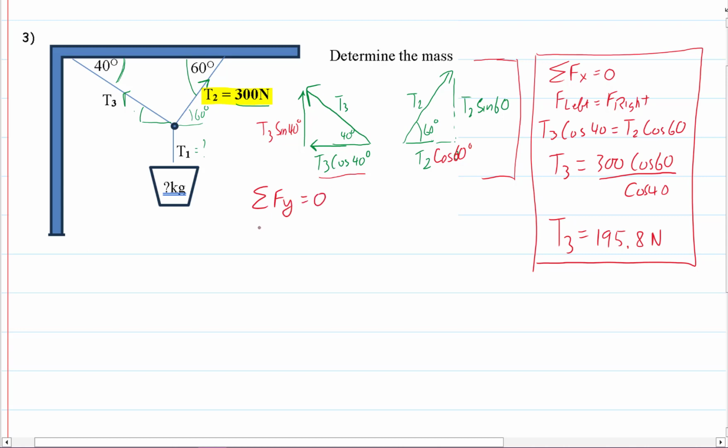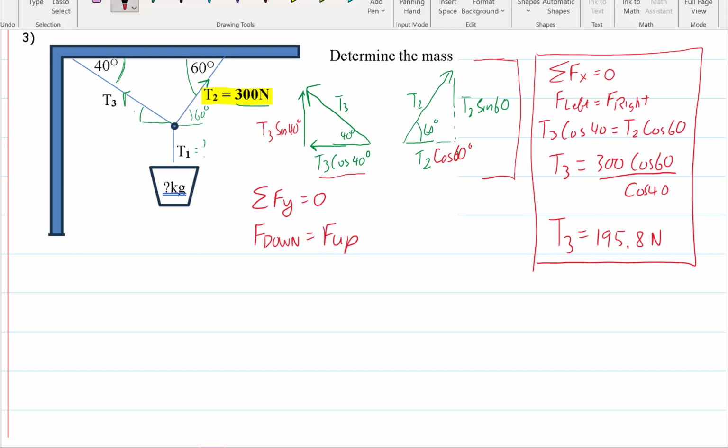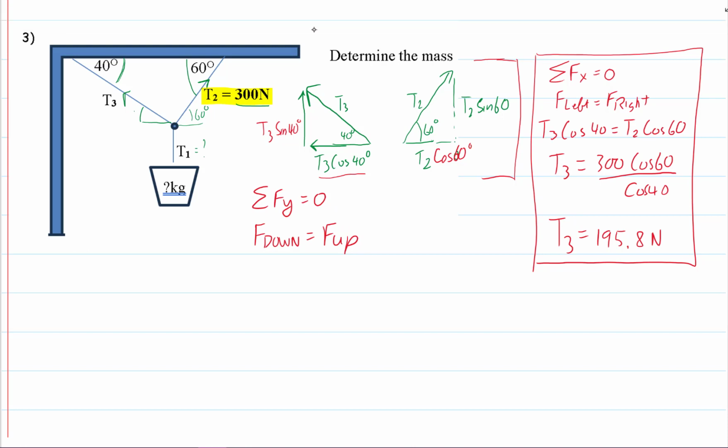So the forces down have to equal the forces up. Just going to change color here, change to blue. The force down is just this weight, which is mg. And the forces up are this one, which is T3 sine 40 plus T2 sine 60.